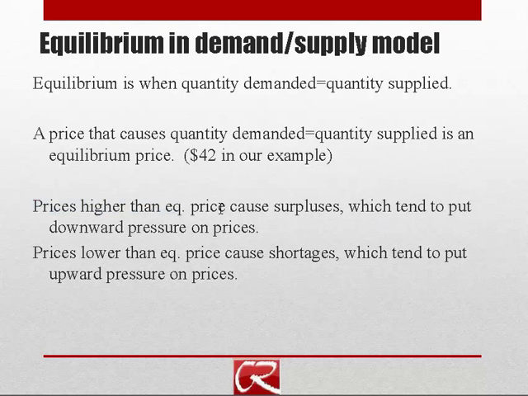If prices are relatively low and there are shortages, because more people want to buy than want to sell, that will tend to put upward pressure on prices. So if quantity demanded equals quantity supplied, there's neither a surplus nor a shortage, and so there's neither upward nor downward pressure on prices. So we're at a state of rest.